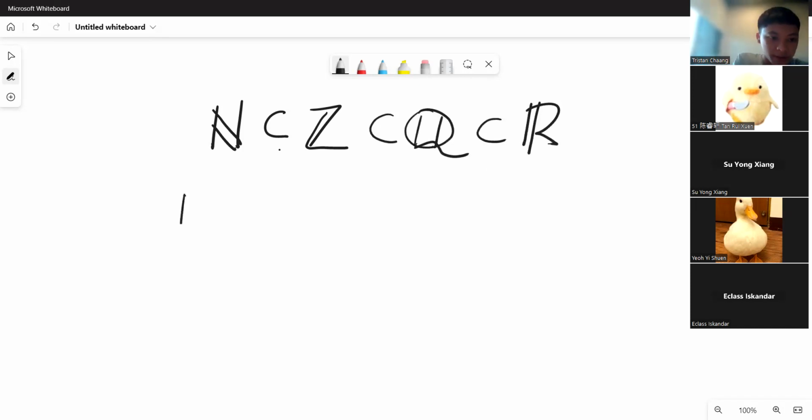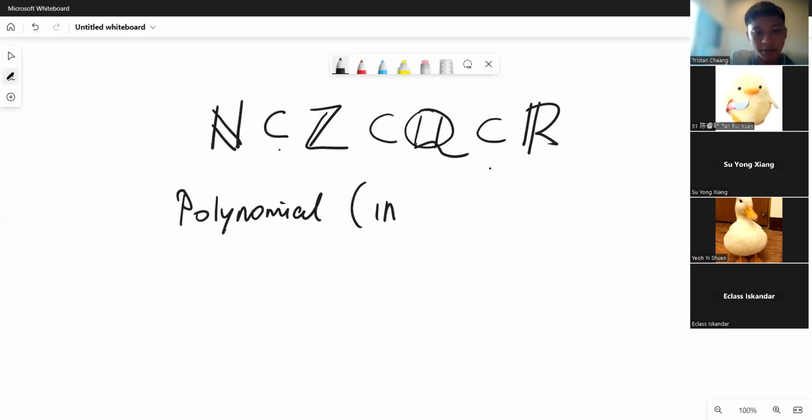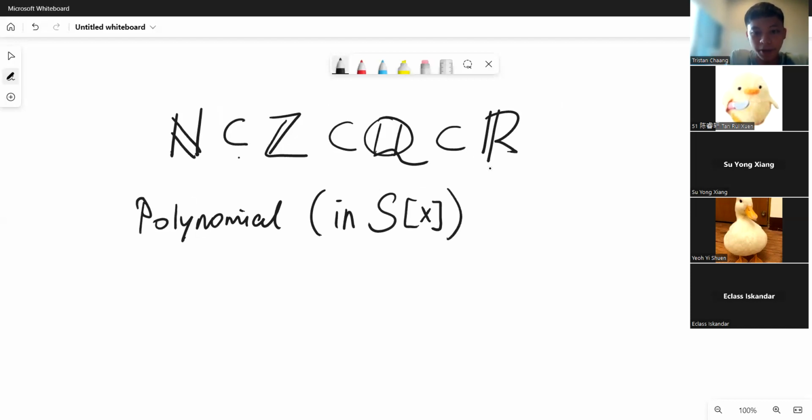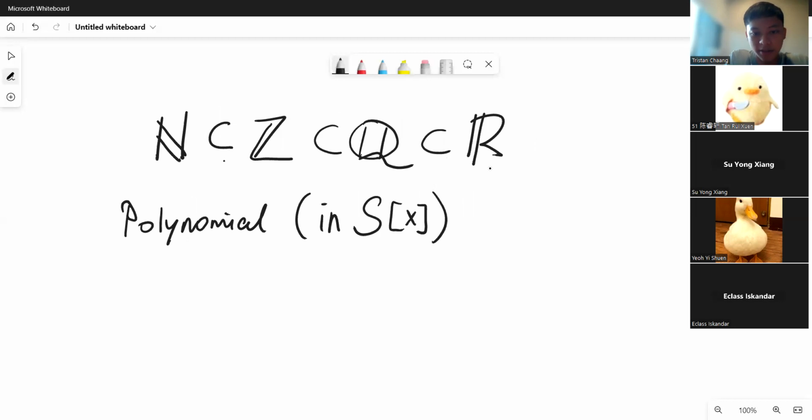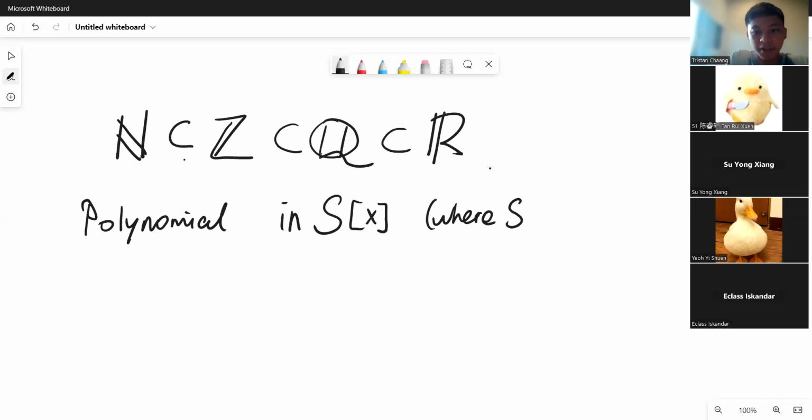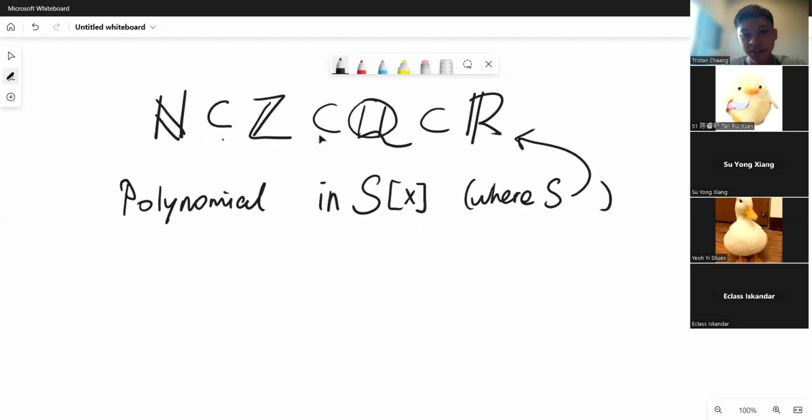So I will define a polynomial in a set S, where S can be any of these sets, but normally it's just Z, Q, or R, but I'll allow it to be any set.